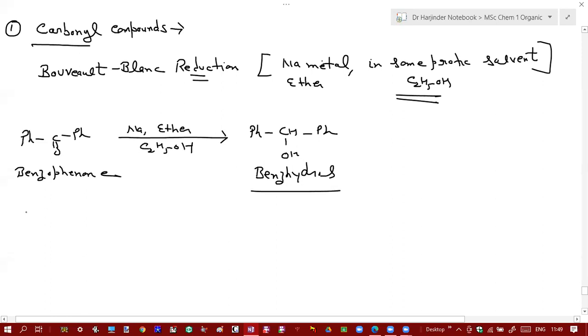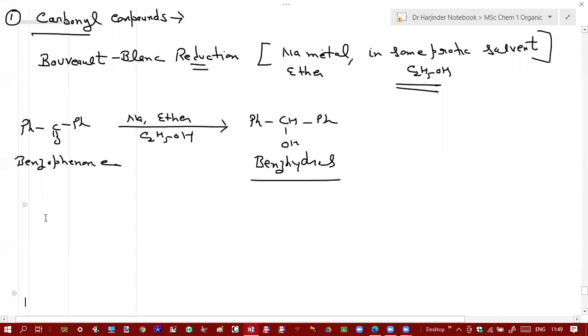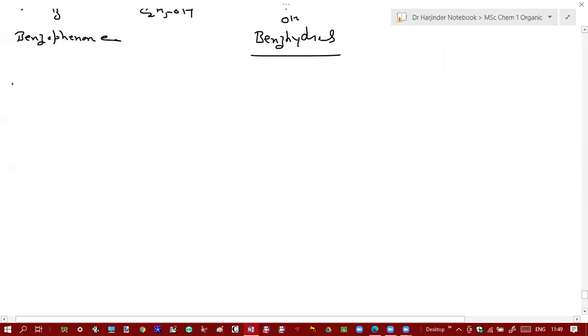Now let's quickly look over the mechanism for the reduction of these carbonyl compounds in the presence of sodium. As I told you earlier, these reductions proceed by a single electron transfer mechanism.